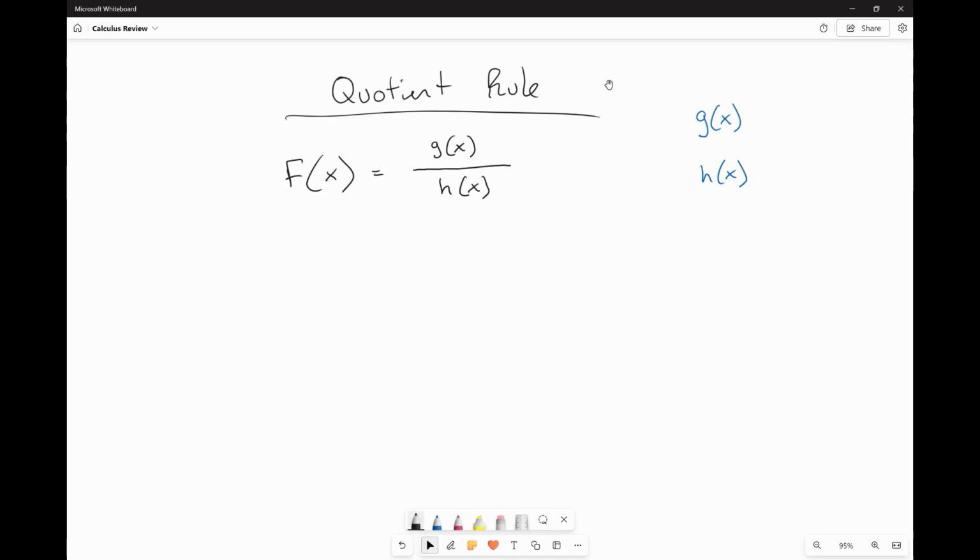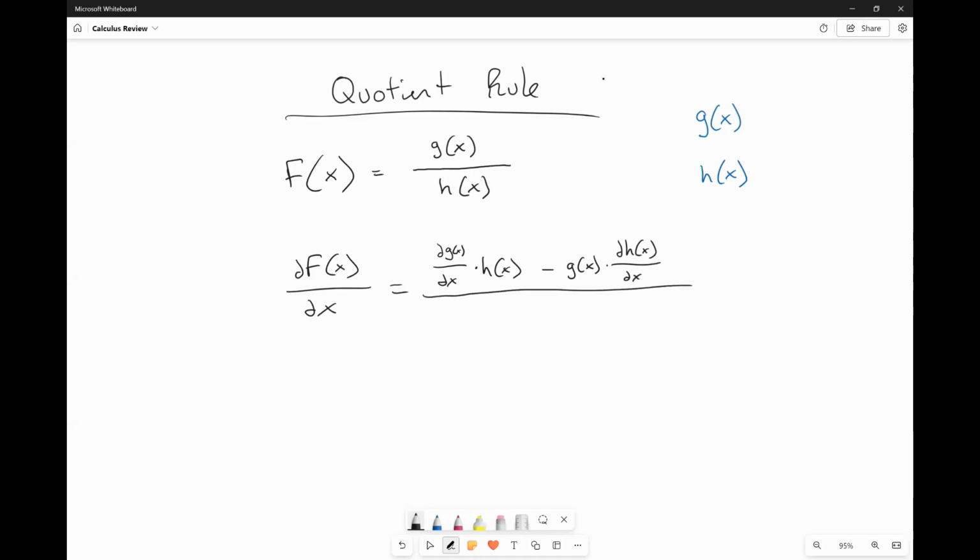Okay, so the quotient rule is: the derivative of f of x with respect to x is equal to the derivative of g with respect to x times h of x, minus g of x, forget the of x here, times the derivative of h of x with respect to x, all divided by h of x squared.